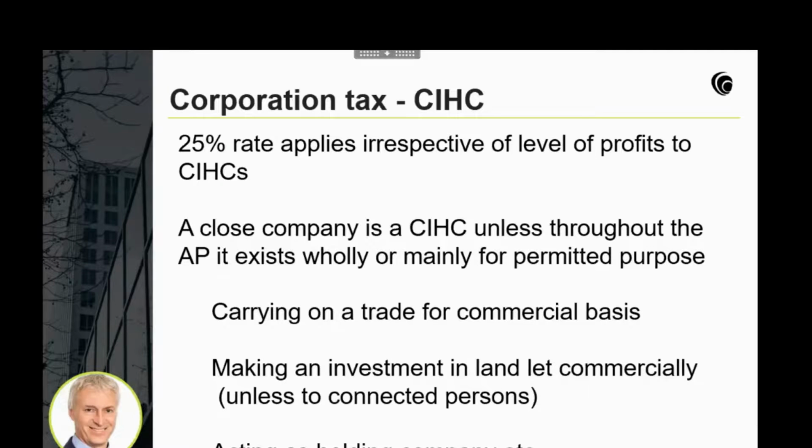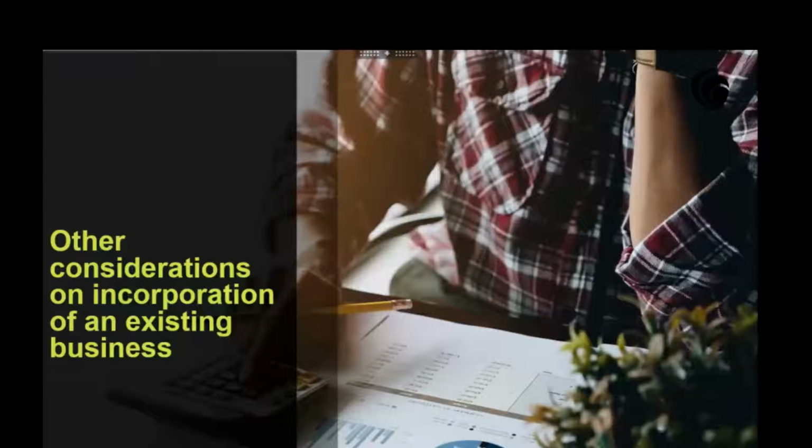They don't benefit from that small company rate of 19% on the first 50. They will be taxed at the higher rate. So that is an increase in tax for that sort of company. And I think at that point, I'm handing you back to James again.